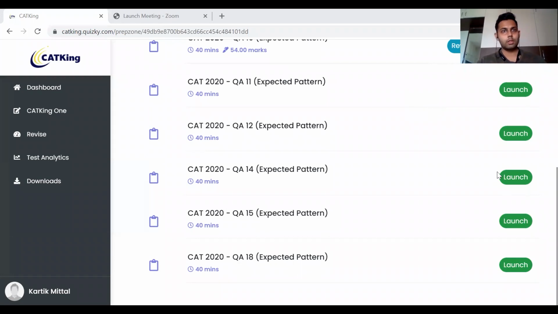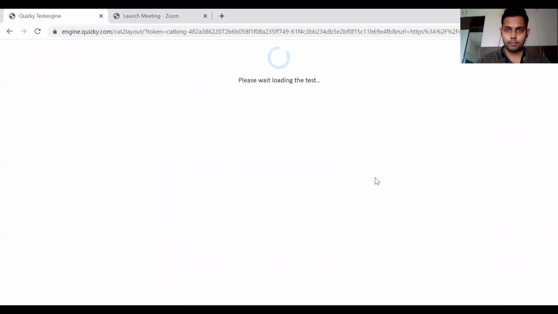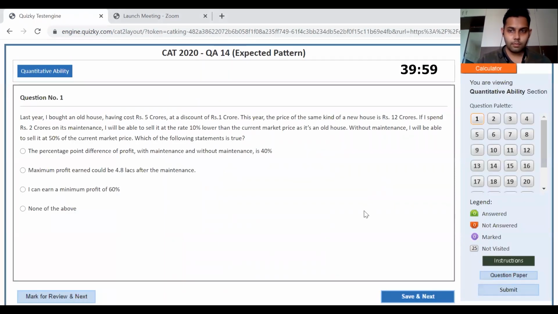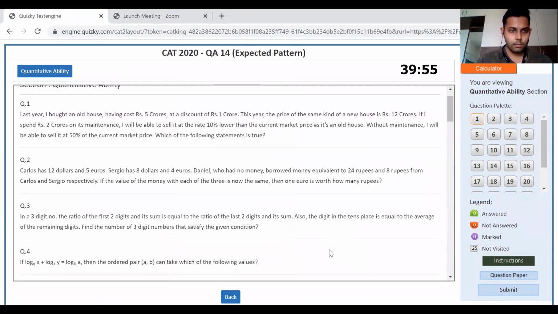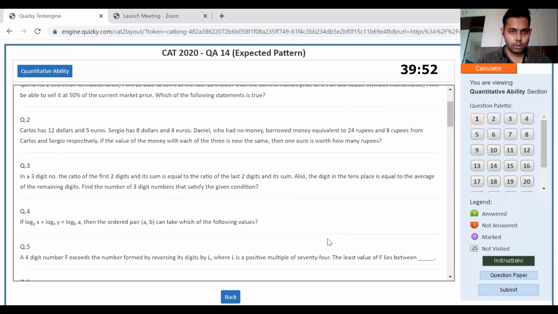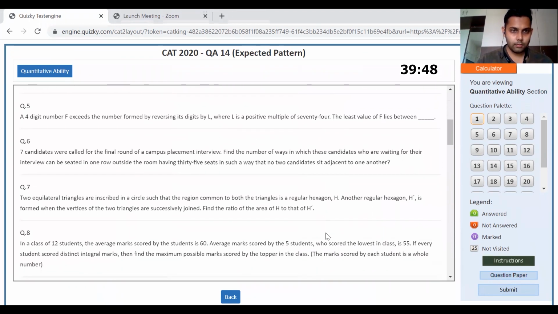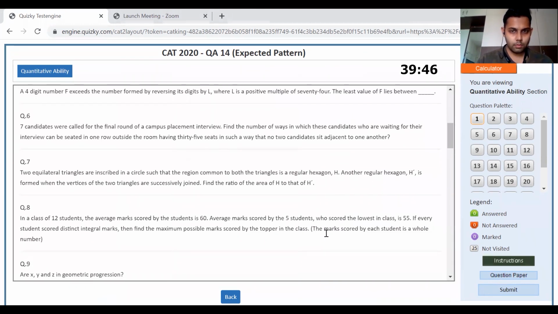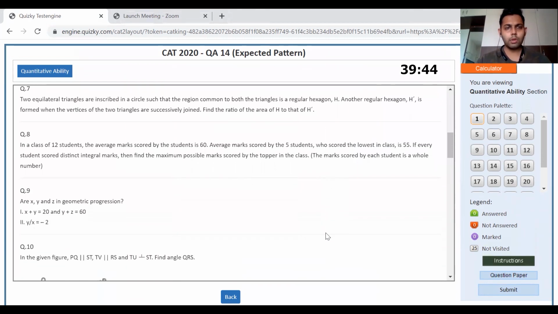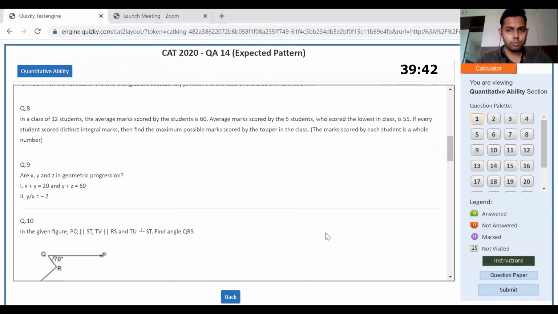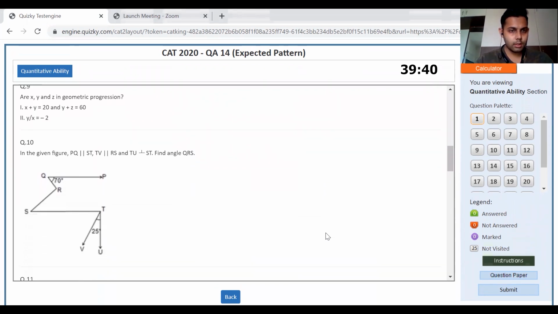RC 14 quants. So let's get started. Arithmetic. Okay, numbers, log. Small questions, mostly based on arithmetic.